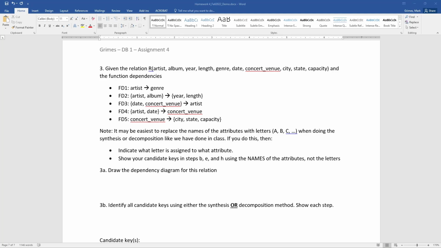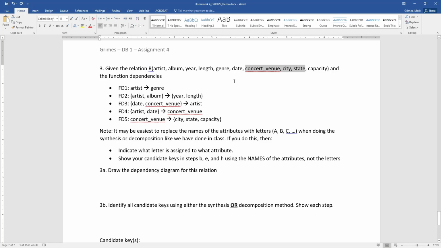And number 3 looks a little bit different because instead of these attribute names like A, B, C, D, E, F, G, here we're using some attribute names that might actually be found in a database. And in this case, this looks like a relation that is perhaps tracking tour dates for a band that is going on tour to different concert venues in different cities and states in support of some album that they have recently released.